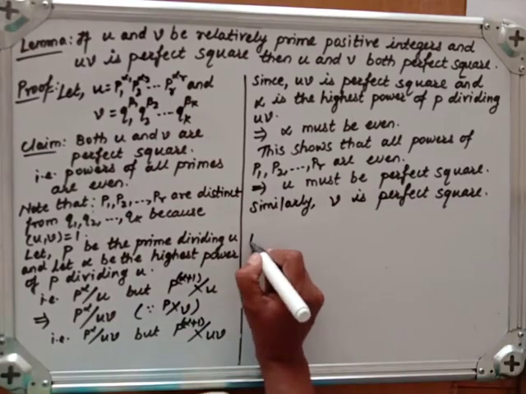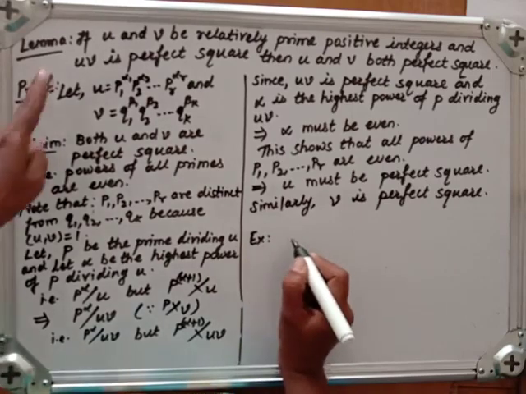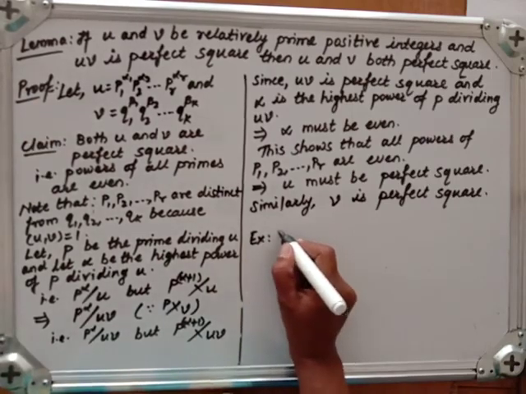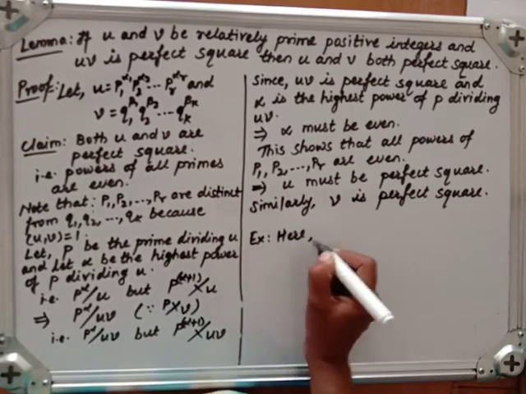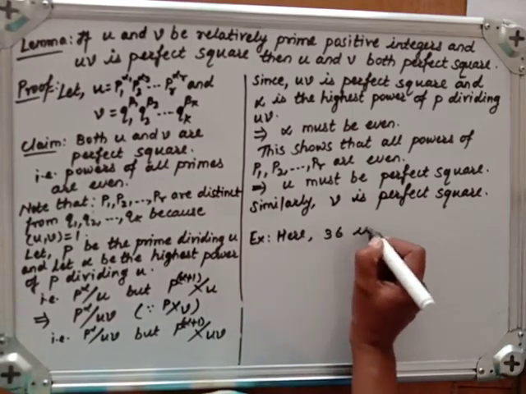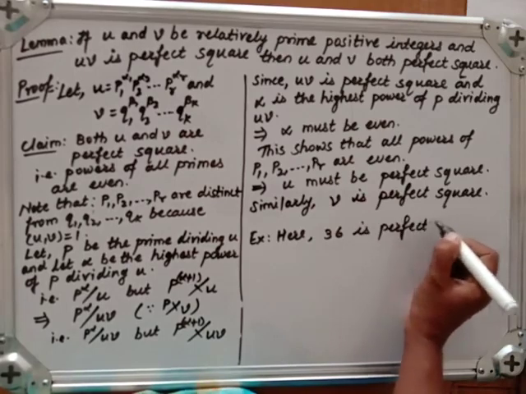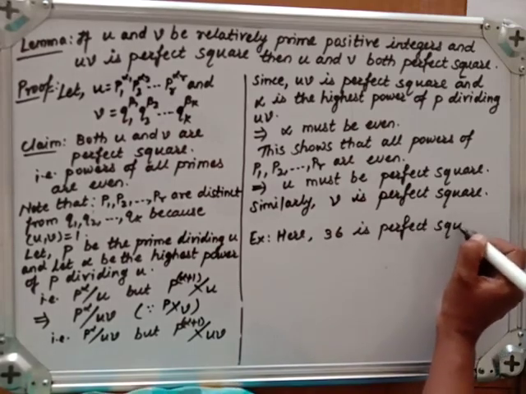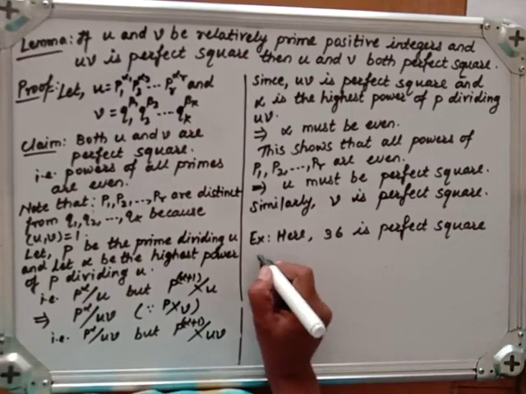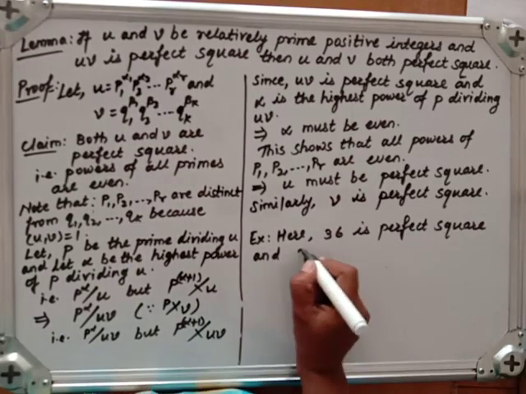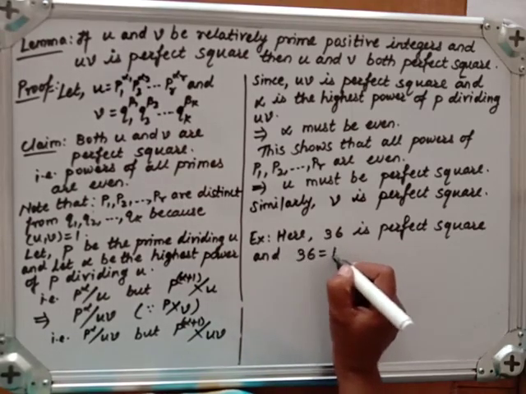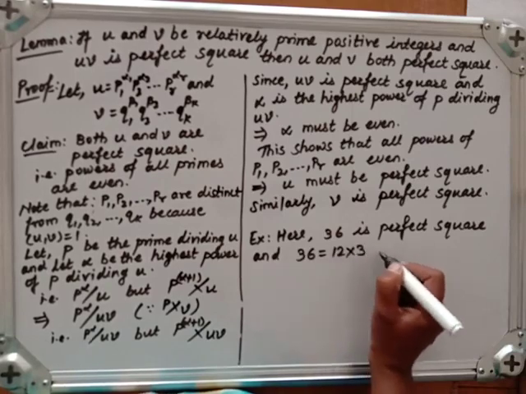Now, let me take a small example on this lemma itself. Here, 36 is a perfect square, and 36 can be written as 12 into 3.